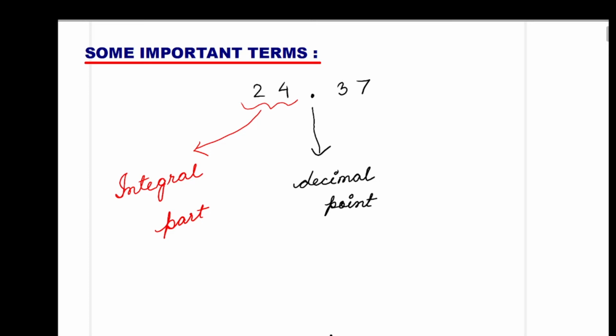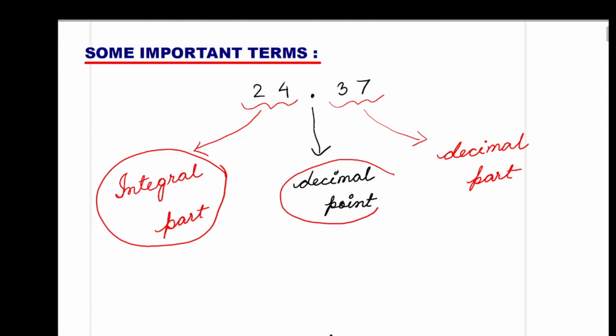In some books you will get whole number part. And after the point it is called the decimal part. These 3 points you have to remember: the integral part, the decimal point, and the decimal part.